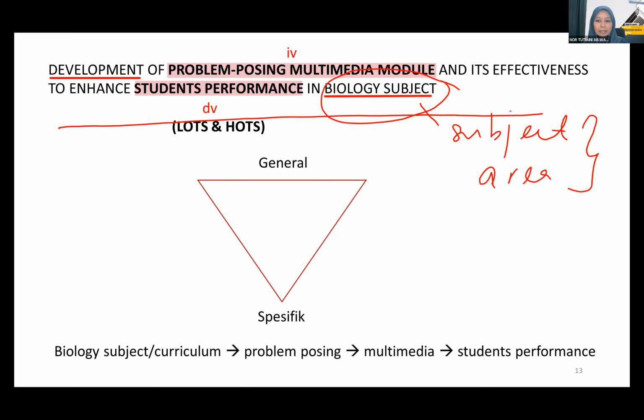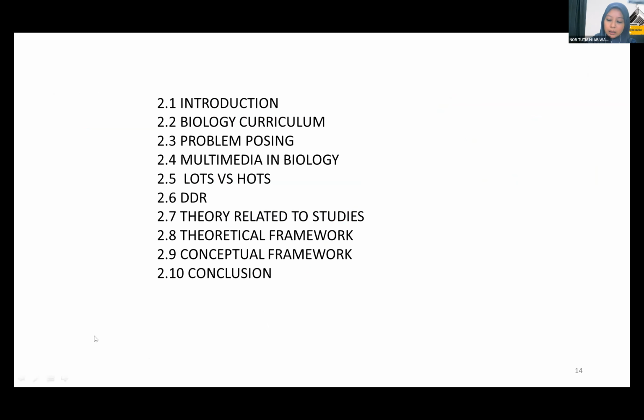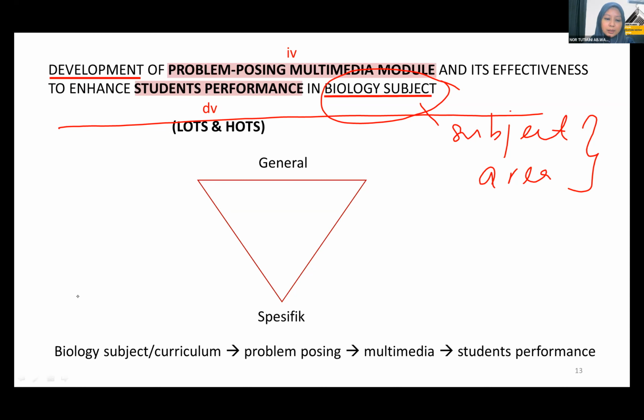Okay, so in my case, biology subject will be my subject area. So I rank it number 1 lah. So I letak number 1. Ingat daripada general to specific. Okay, so subject area will be the most general one. So it will be ranked number 1.